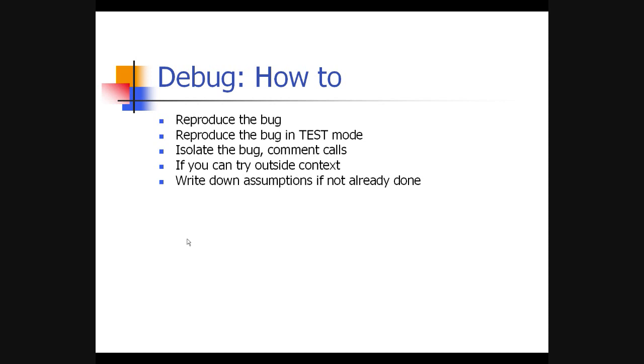If it's not already done, and it should be, write down assumptions. What do I call assumptions? Well, when you are coding a procedure or a method, you are supposed to write in the header what the parameters are, what they are for, and what they're supposed to contain. Well, that's one thing, but also it's perfectly possible that you rely on things being in a certain state.